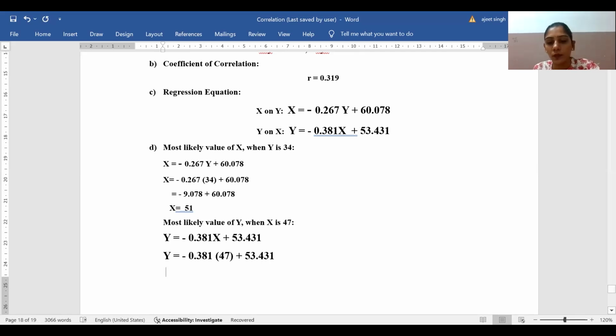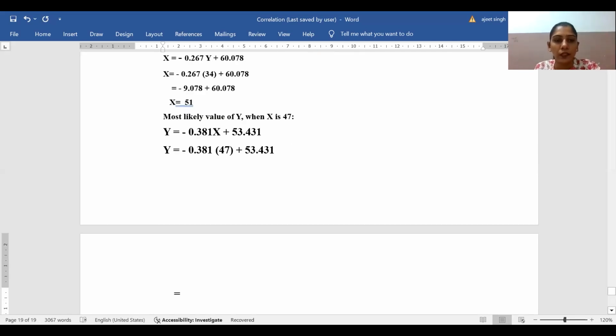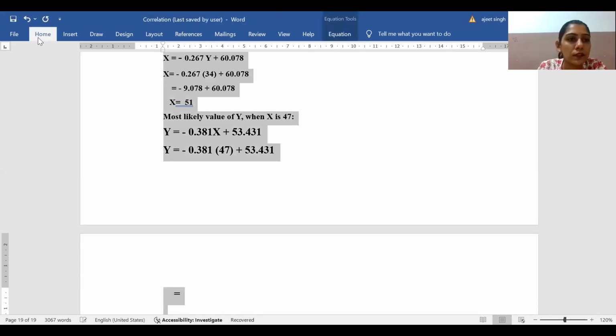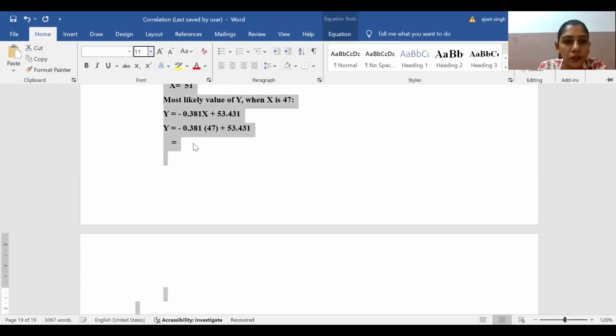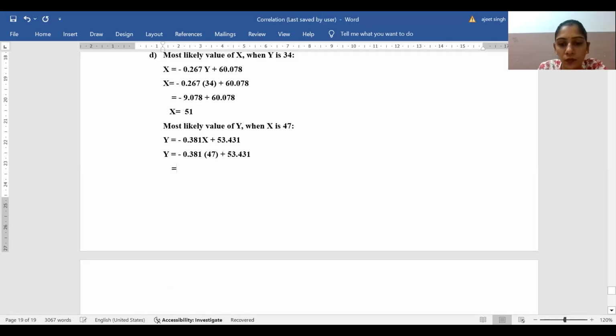Now let's calculate this. So y is equal to, just a second, 0.381 multiplied by 47.